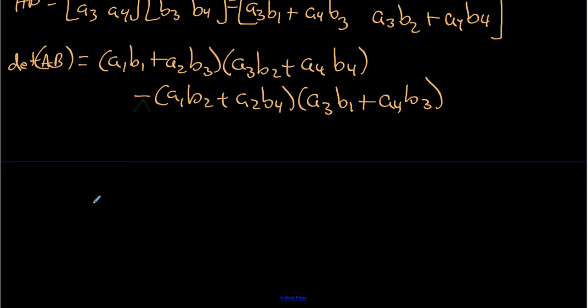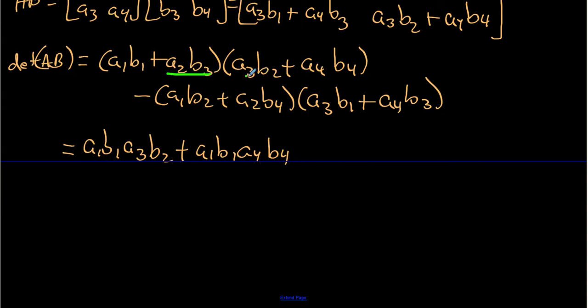So our next step of algebra is going to be to multiply this particular term up here by both of these guys. So we're going to have a1b1 times a3b2 plus a1b1 times a4b4.